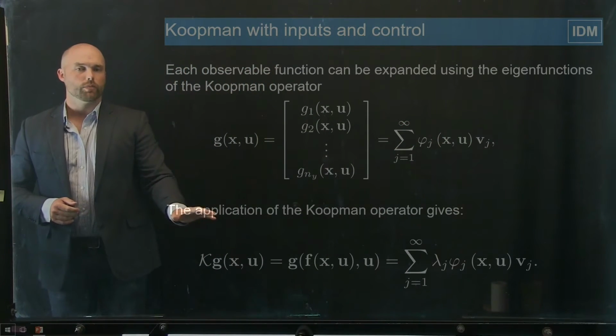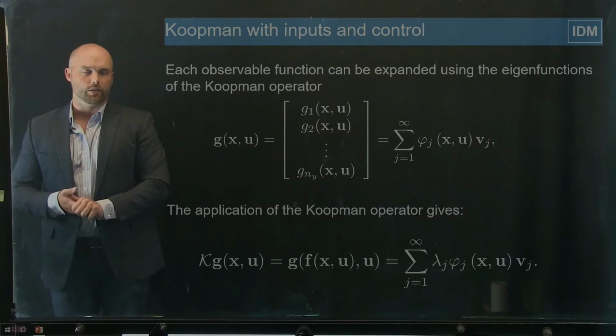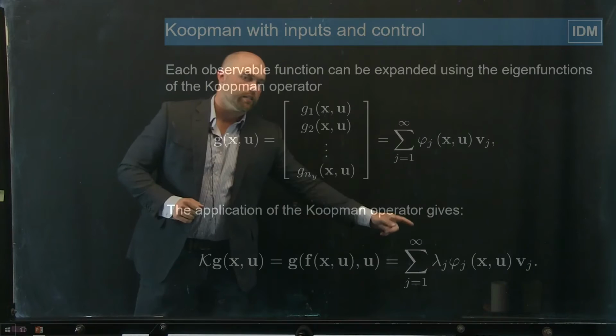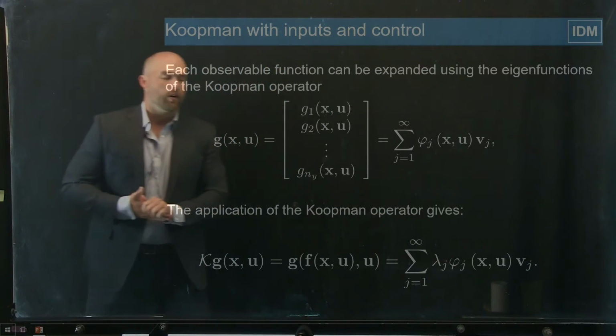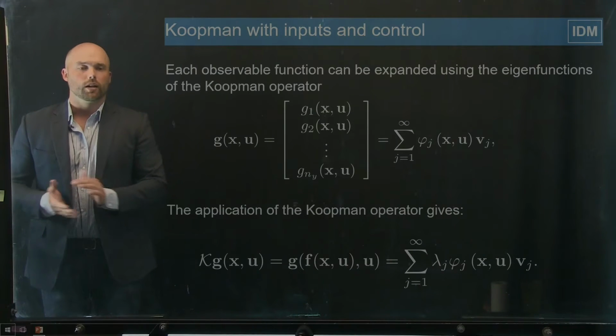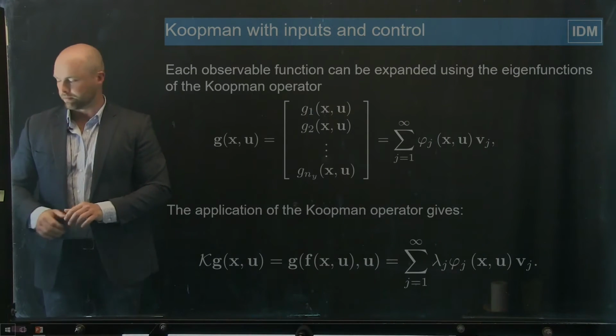We can apply the Koopman operator to this vector-valued observable function, and we see that we get the same property out as the original Koopman operator theory on autonomous dynamical systems.